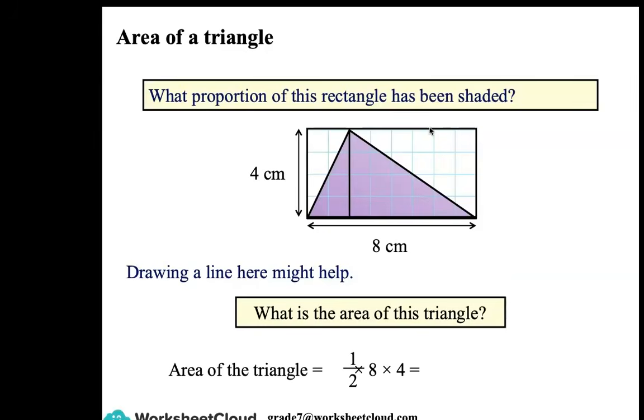All right, so again we can determine that a triangle is half of a rectangle, so the formula will be half base times height, or half 8 times 4, which is 16 centimeters squared.